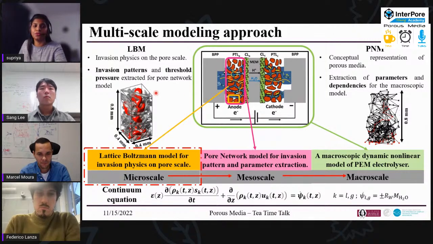For example, if we consider 100 pores in the lattice Boltzmann model, maybe in PNM we could consider 10,000 pores, which makes it much faster. We could also extract macroscopic parameters like the permeability, which can later be used in a macro scale model, where we could then consider the entire system to know about the efficiency and other process parameters.